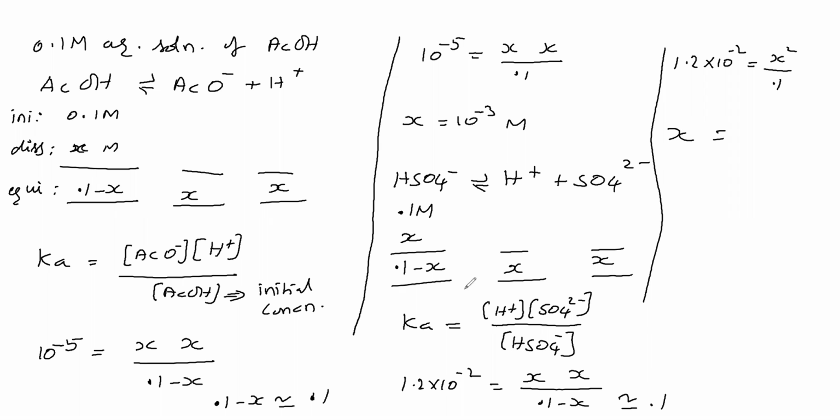So whether we have to neglect this x or not depends on the initial concentration as well as the acid dissociation constant. Depending on these two values only, we conclude whether to neglect or not. So we have to consider the initial concentration of bisulfate and Ka before saying whether to neglect x or not.